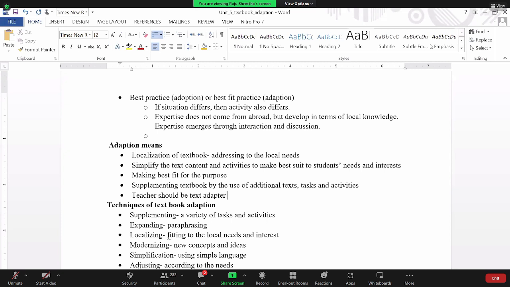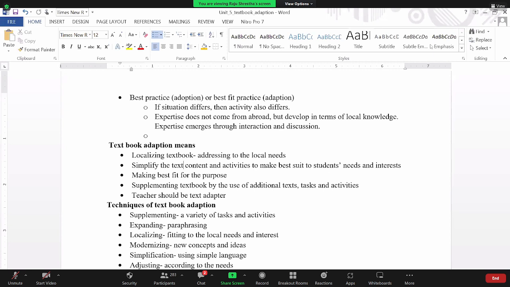Teacher ne ke ho bhane, ultimately this is what text adaptation. Okay, so textbook adaptation simply means localizing textbook, so addressing the local needs, urgent needs of the students.